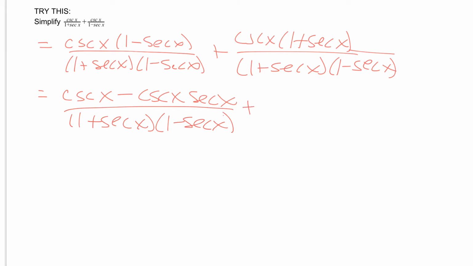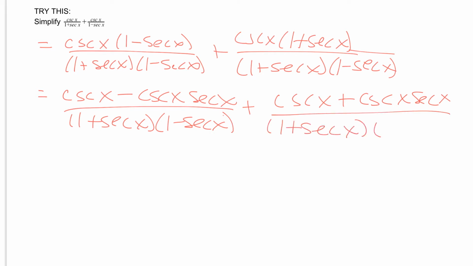And then if I do the same thing on the other fraction, distribute that cosecant x, I get cosecant x plus cosecant x secant x. Again, that came from cosecant times 1 and cosecant times secant. And this is all over 1 plus secant x times 1 minus secant x.